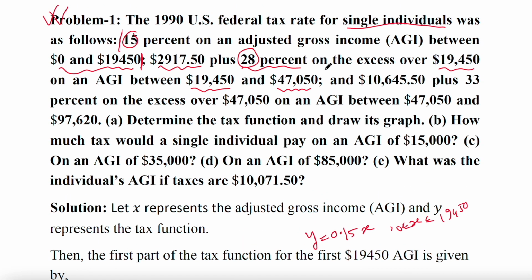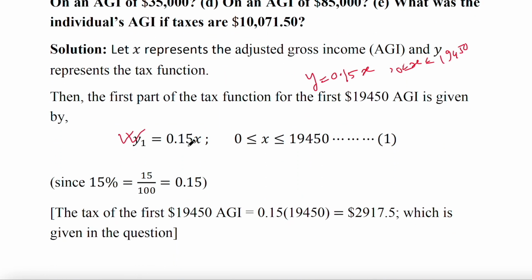But note that for the first 19,450, the tax calculation will be exactly the same as the previous one, 15%. So if you calculate tax for 19,450 by replacing x here by 19,450, then it will be $2917.5, which is given in your question.